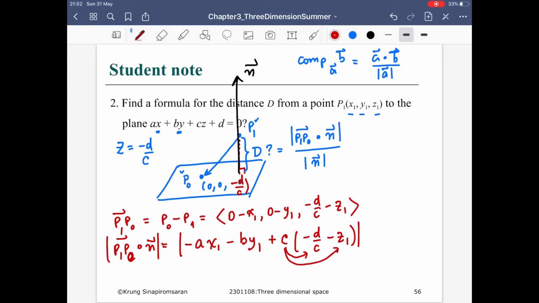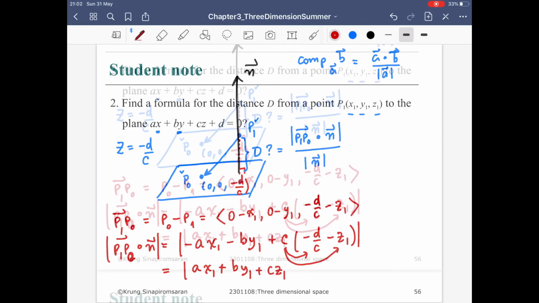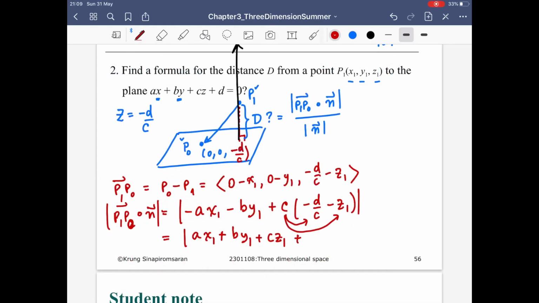So you pull out all the negative sign first. Okay, so what you end up with is a x1, b y1, and then it happens to be c z1, plus d.